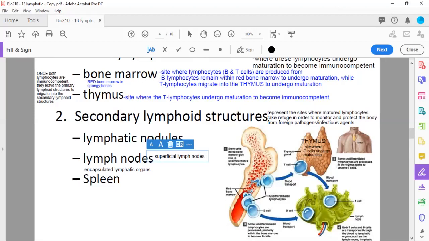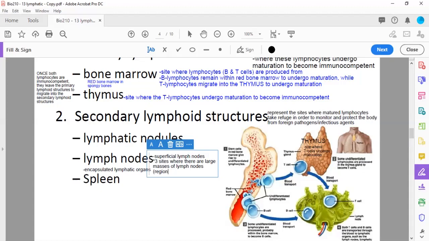So there are 3 sites where there are large masses of lymph nodes.